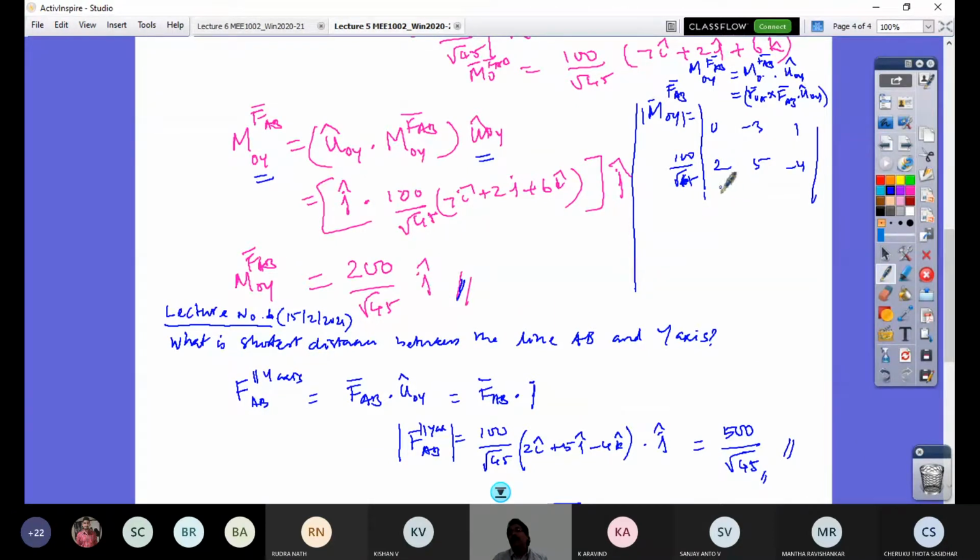It is 0, 1, 0. So if I carry out this determinant, I would be able to have my answer straight away, which is 200 by root 45 for FAB. So one can save time straight away working this out.